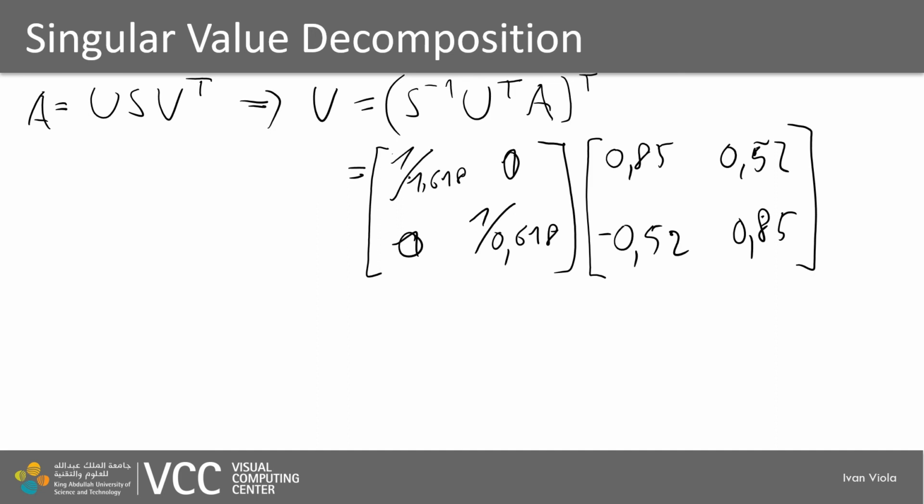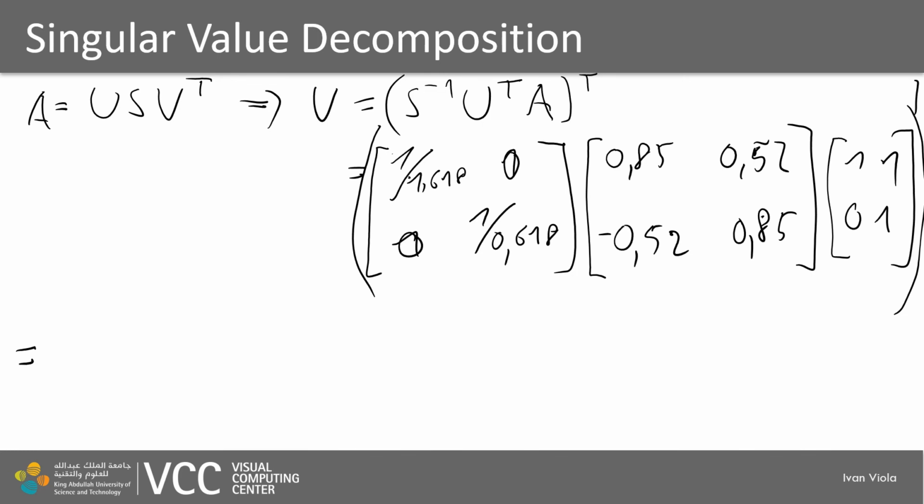And now A is equal to 1, 1, 0, 1. So if we multiply all these terms and then transpose them, so this still needs to be transposed, then we will obtain our matrix V, which is also orthogonal, and therefore also represents a rotation.